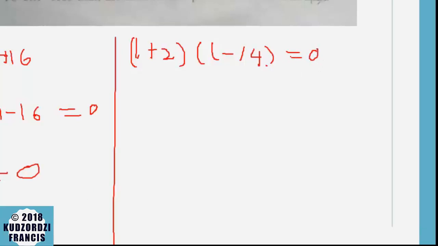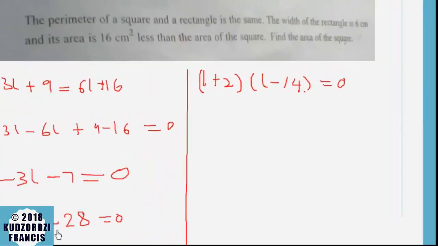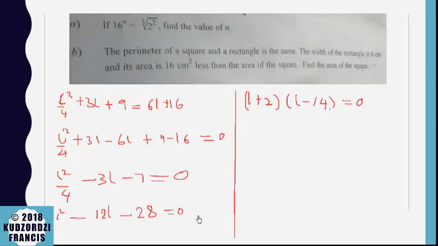The factors of 28 that add to give negative 12 and multiply to give negative 28 are 2 and negative 14, because 2 minus 14 gives us negative 12, and 2 times negative 14 gives us negative 28. So that is why you factor to get this.